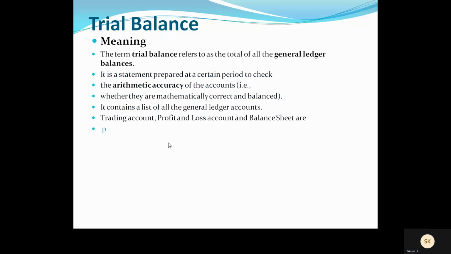Final accounts. So this will help to prepare the final accounts, so that wherever any errors occur, they can be rectified first, and then we can prepare the trading, profit and loss account and balance sheet. For that purpose, trial balance is used.